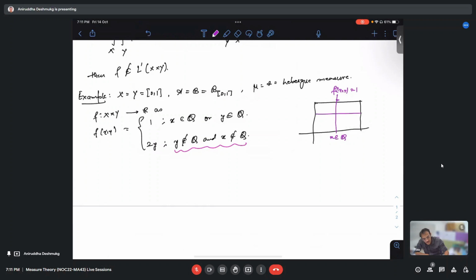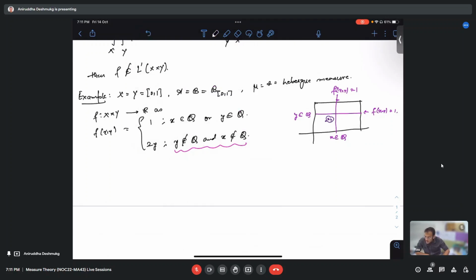Similarly, if I take y to be a rational number, then on this line f(x, y) is 1. So at what points is f(x, y) not 1? When both x and y are irrational, at that point it is 2y. So the height is basically 2y.